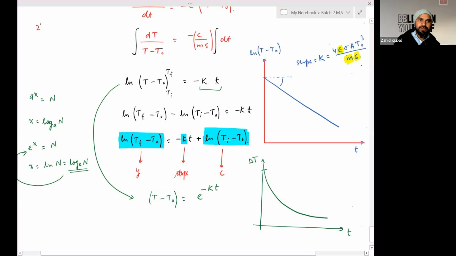Suppose you have 2 to the power 3. It will give you 8. 5 to the power 2 will give you 25. So how do we relate the exponent with the base and the natural number 8?